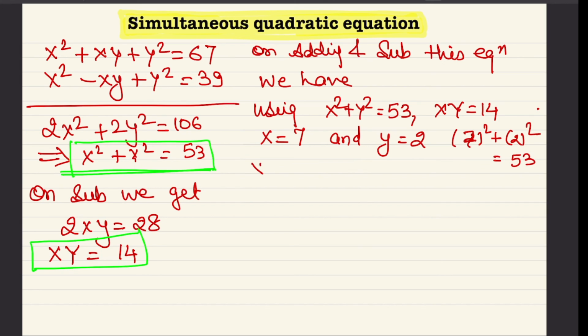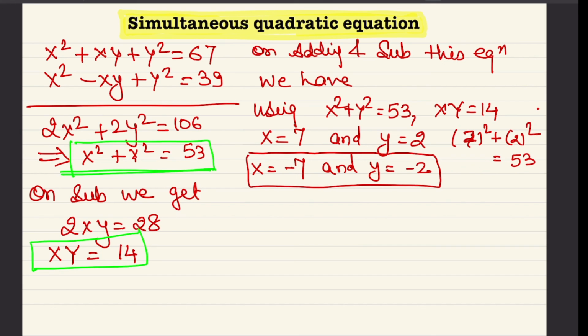Similarly, we can take the values of x as minus 7 and y equal to minus 2 so that it also satisfies the equations xy equal to 14 and x square plus y square equal to 53. So the various combinations can be x equal to plus minus 7 and y equal to plus minus 2, and x equal to plus minus 2 and y equal to plus minus 7.